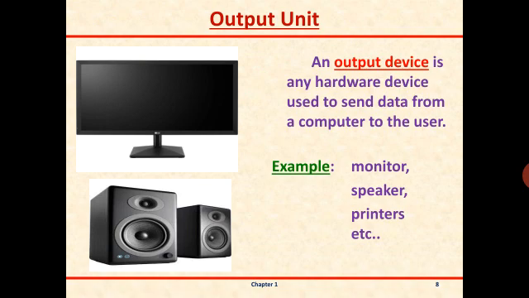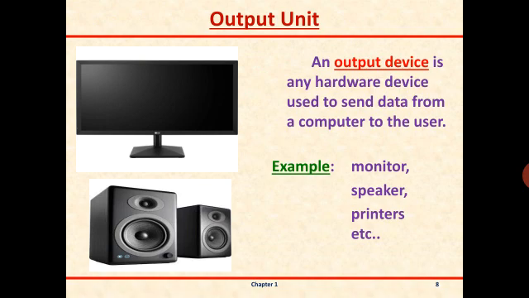Now we are coming to the final part inside the block diagram, that is the output unit. Okay. Output unit means what? This is, you can say, any part or any device which is used to send the data from the computer to the user.